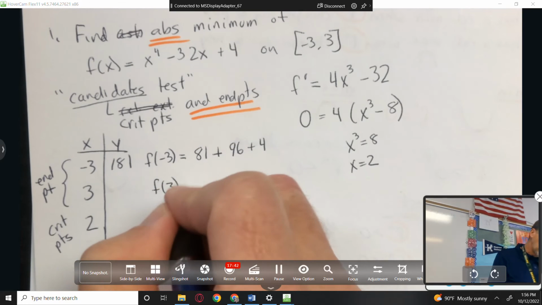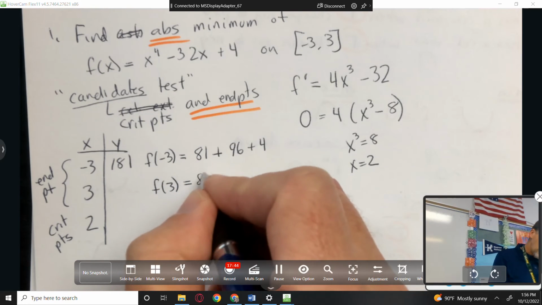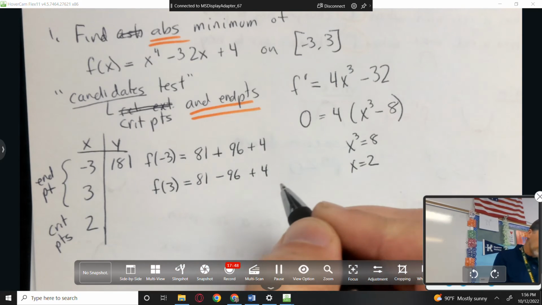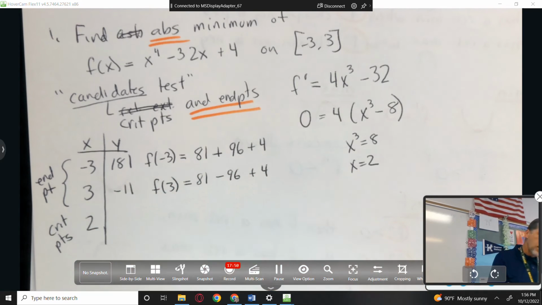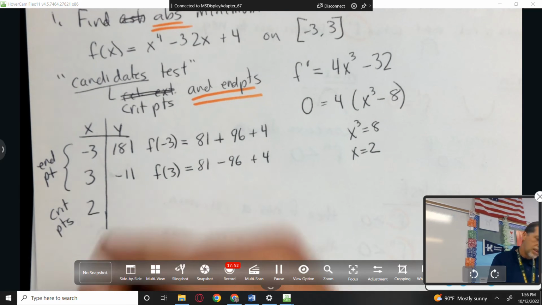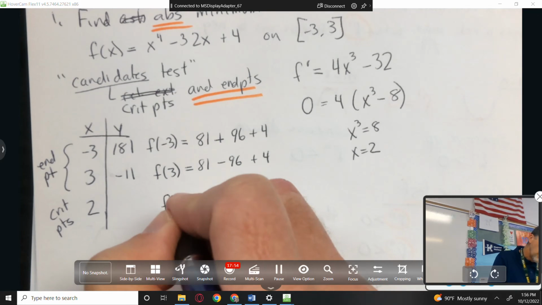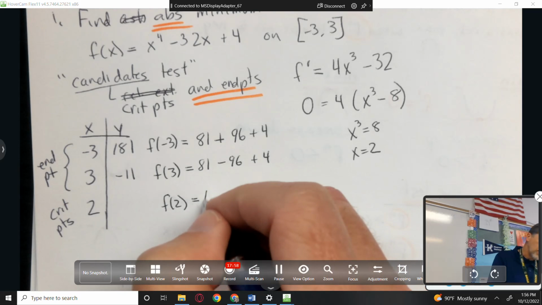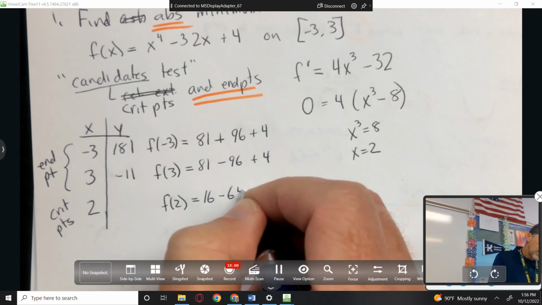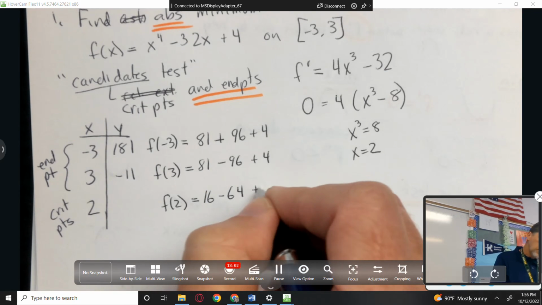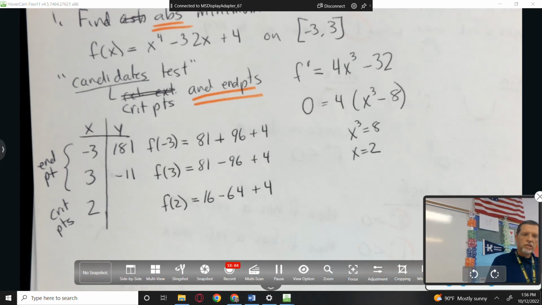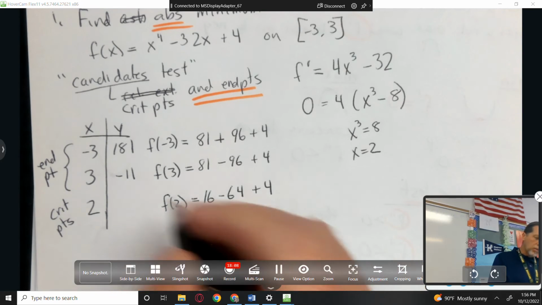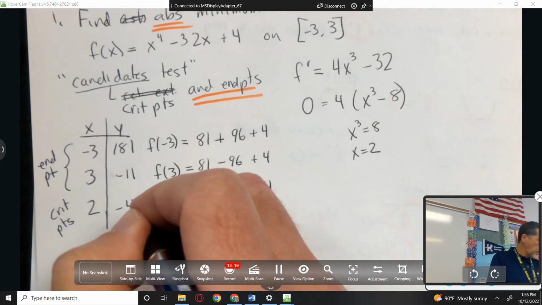If I plug in 3, 81 minus 96 plus 4, -11. If I plug in 2, 2 to the 4th is 16 minus 64 plus 4, -48 plus 4 is -44.